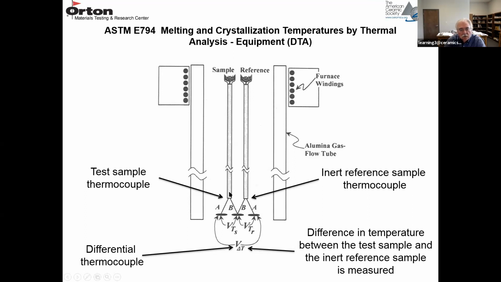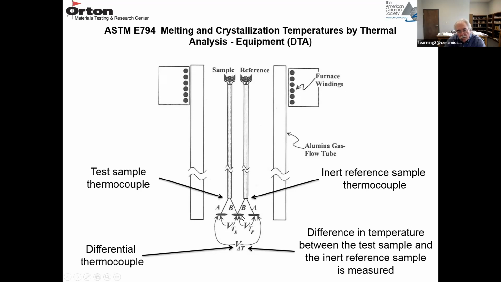And there are holes in the rods that allow the thermocouples, the platinum wires, to go through the rods up to the bottom of each crucible. So this would be your test sample thermocouple, and this would be your inert reference sample thermocouple. If you're measuring this voltage, VTS, that is actually the sample temperature.